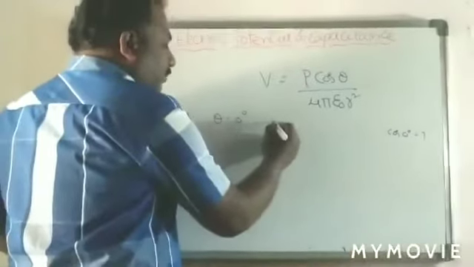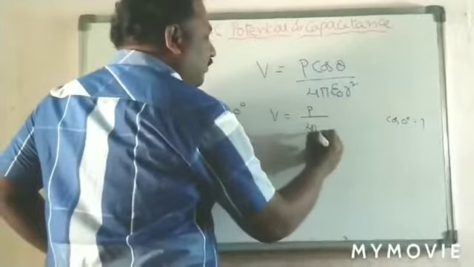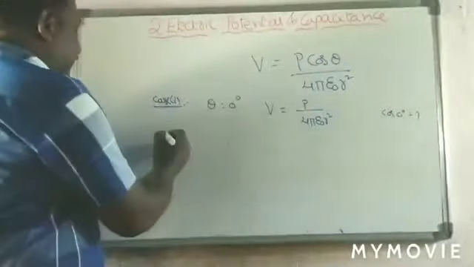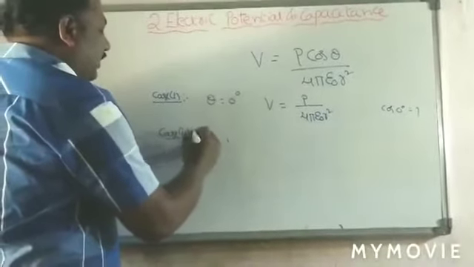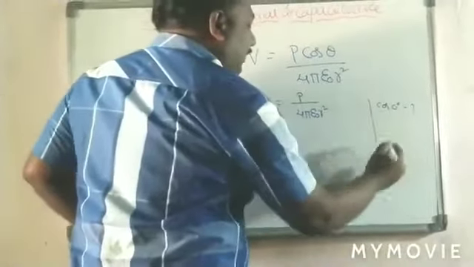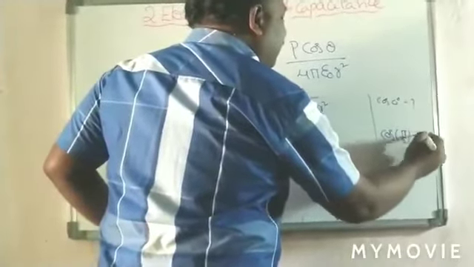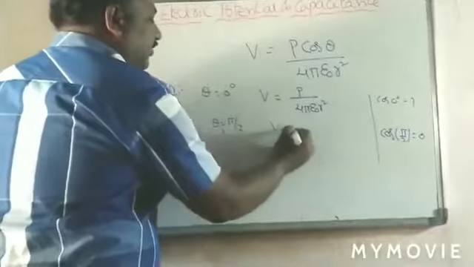Then the potential is equal to P by 4 pi epsilon naught into r square. Next, case 2. If theta is equal to pi by 2, that means cos 90. Cos 90 is nothing but 0. Then the potential is equal to 0.